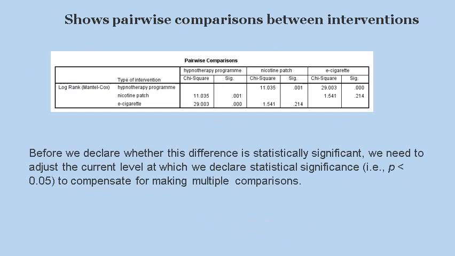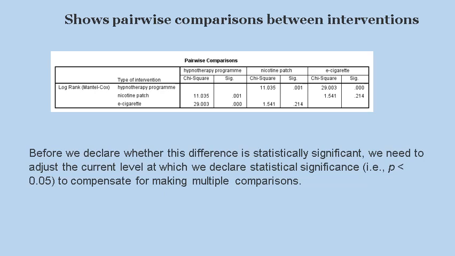Okay, pairwise comparison. Before we declare whether this difference is statistically significant, we need to adjust the alpha level at which we declare statistical significance. Earlier, our alpha level of statistical significance was p-value less than 0.05, right?